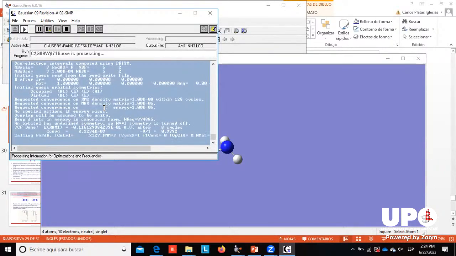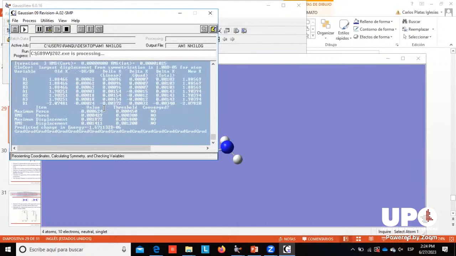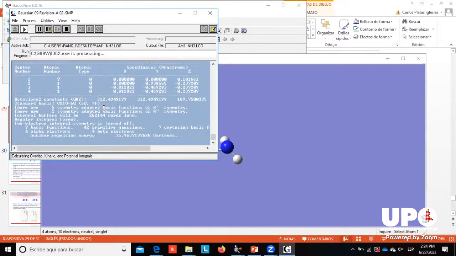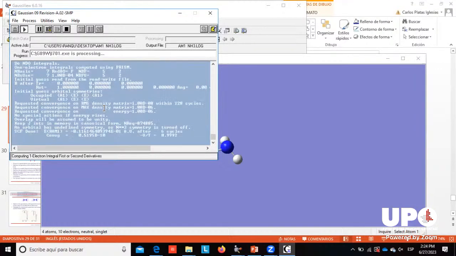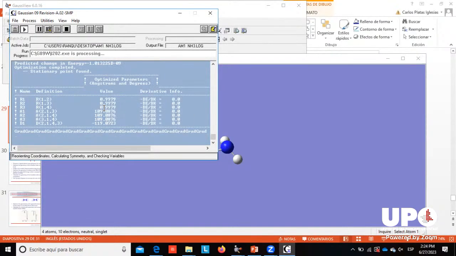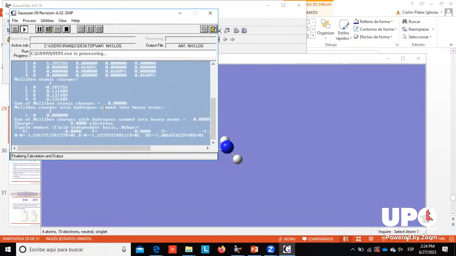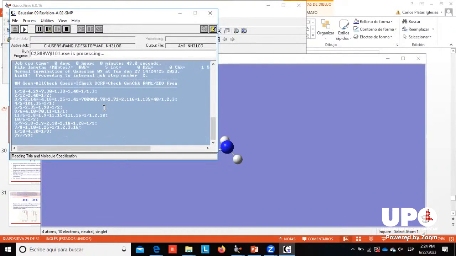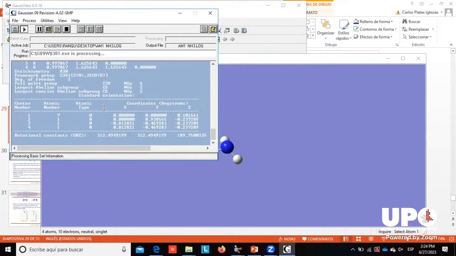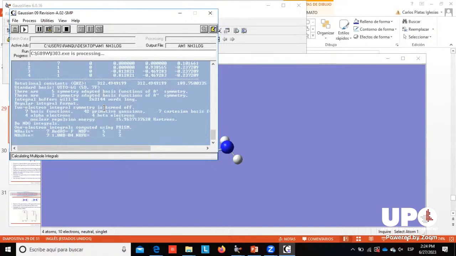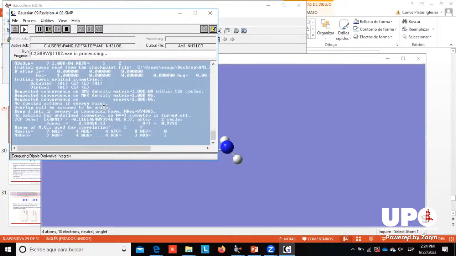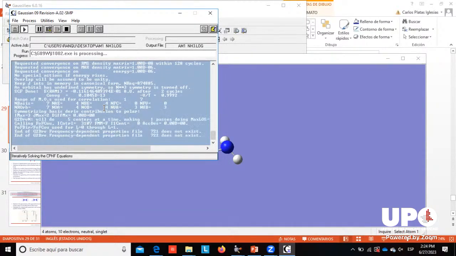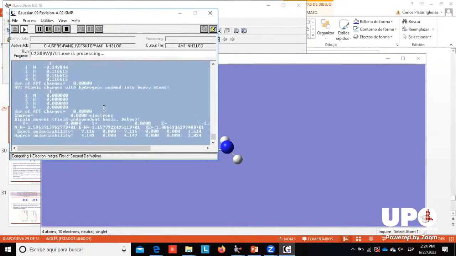So it's now first doing the self-consistent field calculation, so that we get the coefficients that express the molecular orbitals, and then doing first derivatives and trying to find the nuclear positions that correspond to 0 values of the first derivative, okay? And once that's done, we requested a frequency calculation, so we requested second derivatives as well.